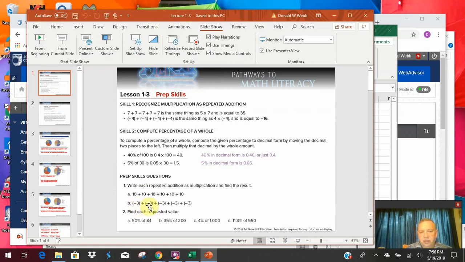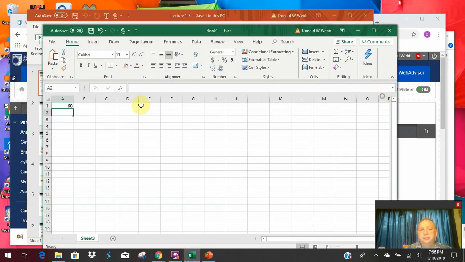So -3 plus -3 plus -3 plus -3 plus -3, that's going to be equal to 5 times -3. I want to put parentheses around here so that Excel will understand that the negative goes with that. And that gives me -15.